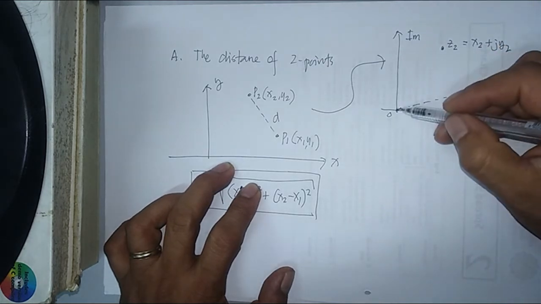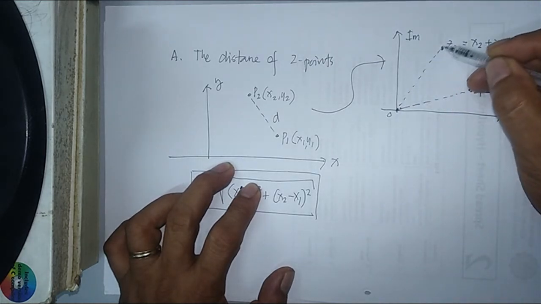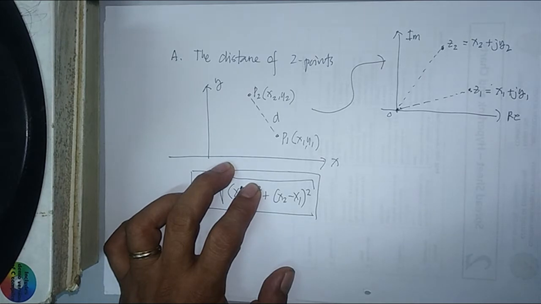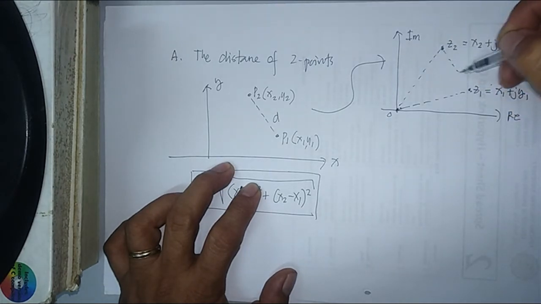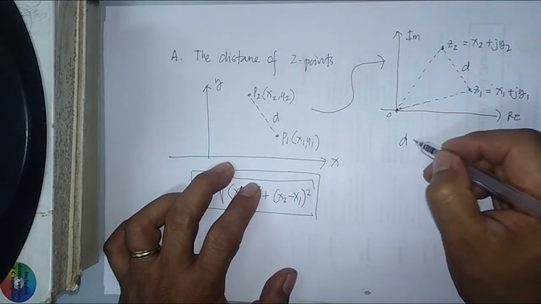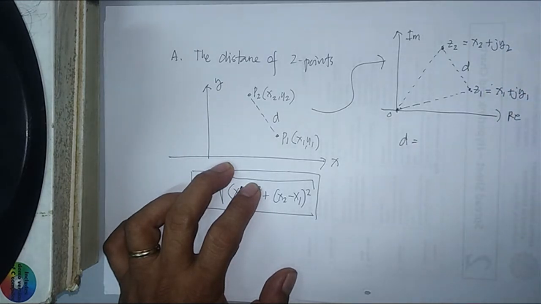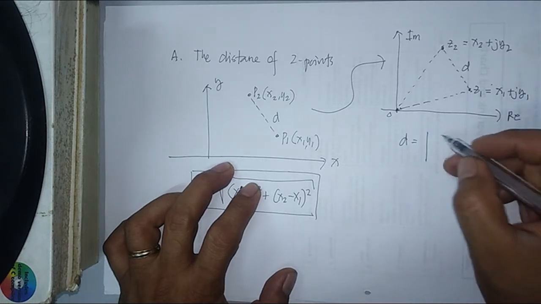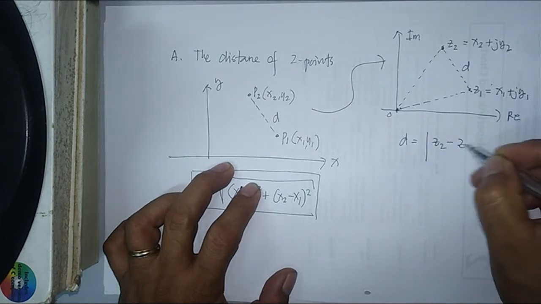And from this point up to Z2, we can solve for the difference between Z2 and Z1. The distance between these points, which we label as D, is simply the magnitude or the absolute value of Z2 minus Z1.